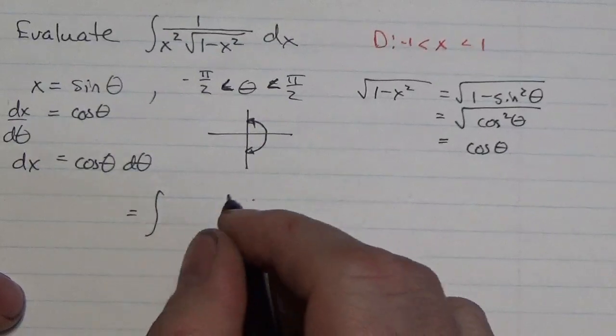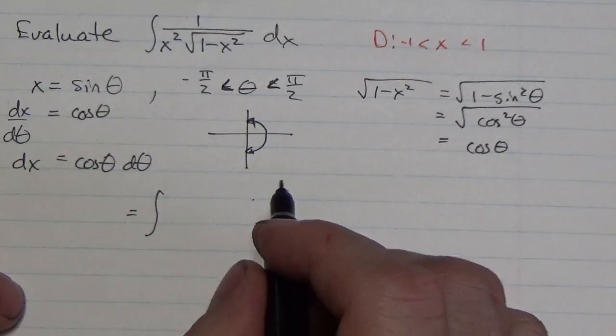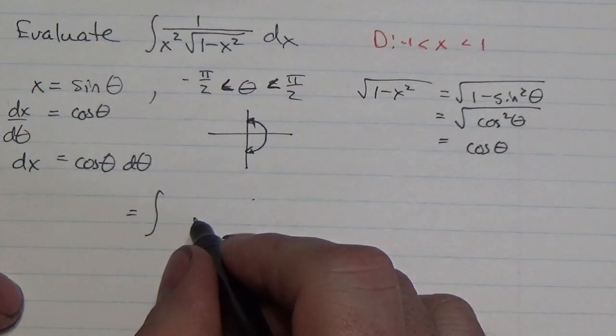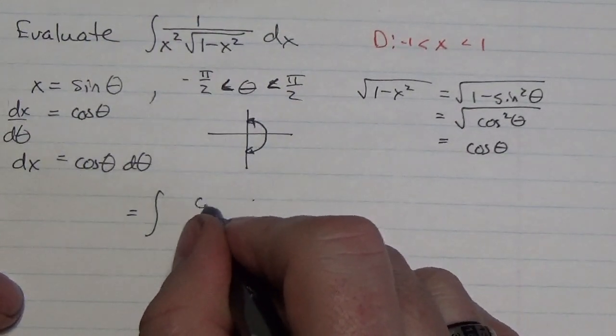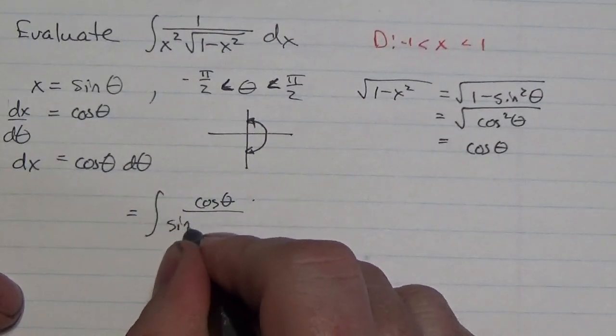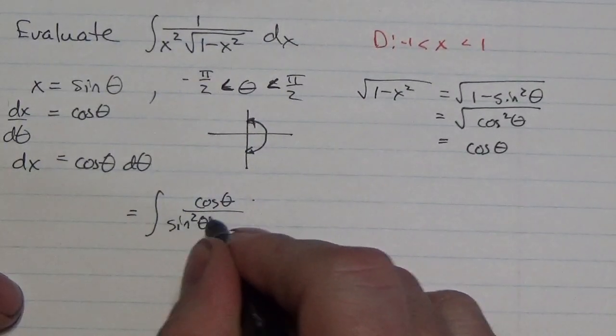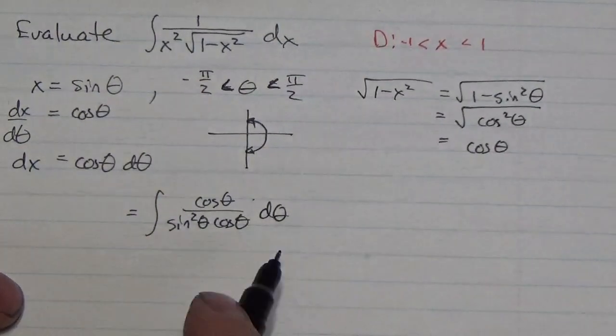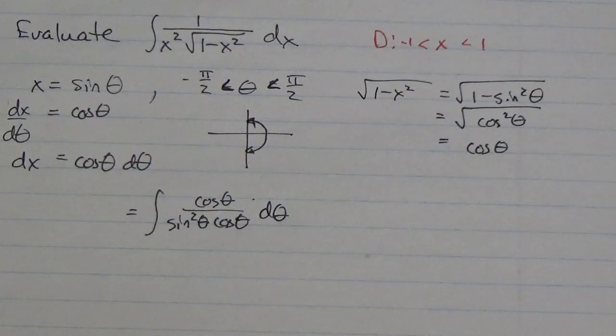the integral of, and what have I got here? I am going to have cosine of theta over the sine squared of theta, cosine of theta d theta. Now just to explain all those parts, just in case something doesn't quite make sense.